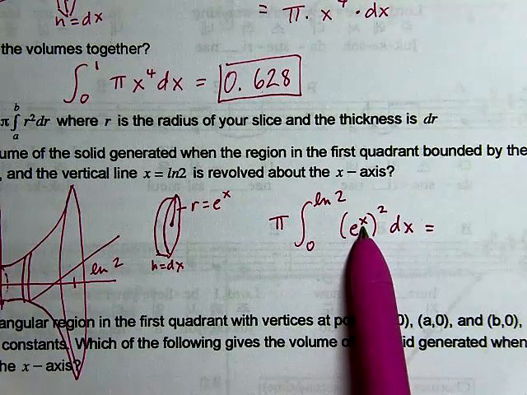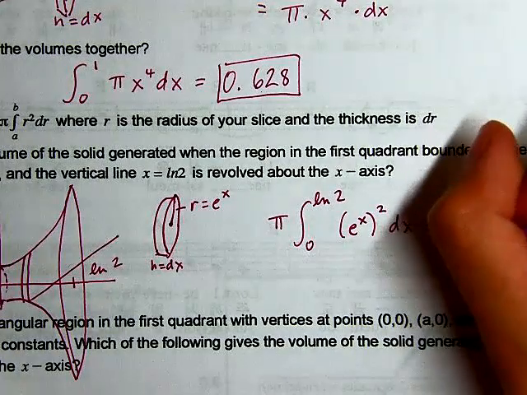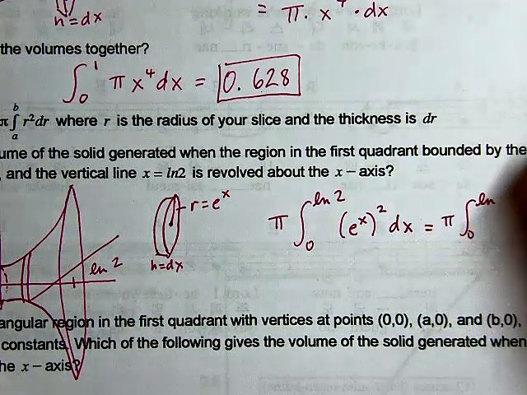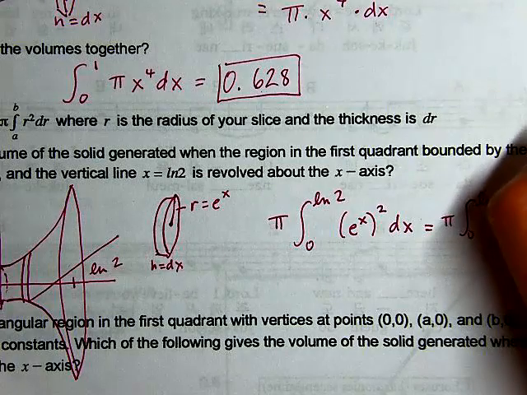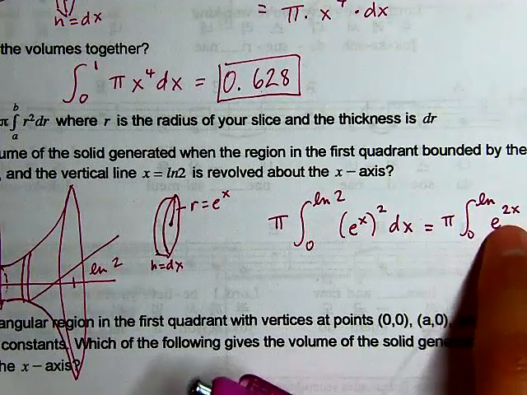Now, e to the x squared, if you recall your exponential laws, this means that you can multiply exponents. So instead of e to the x raised a second, it's now e to the 2x.